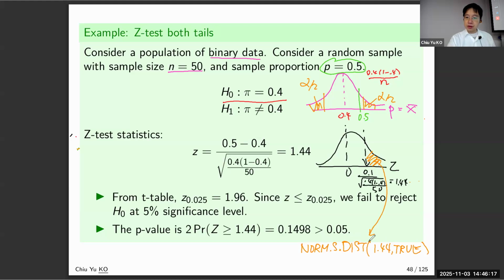But do note that you need the right-hand side, so 1 minus this, because this guy is the left-hand side. And you have to multiply by 2 because it's a two-sided test, so it's slightly more complicated. The p-value is fairly large, so that is not sufficient to reject, and you keep H0. Even using 10%, you still can't reject. So that is the idea. Is that okay?